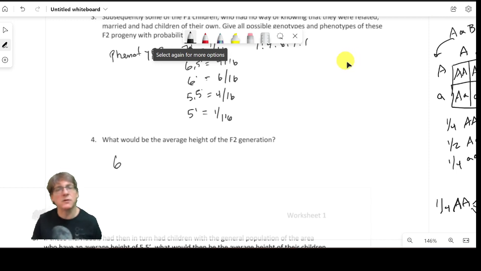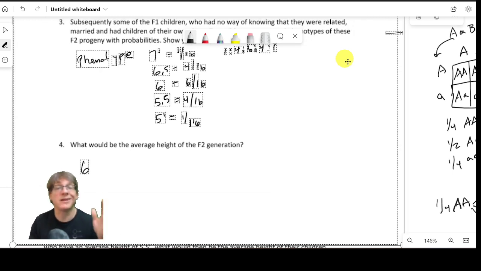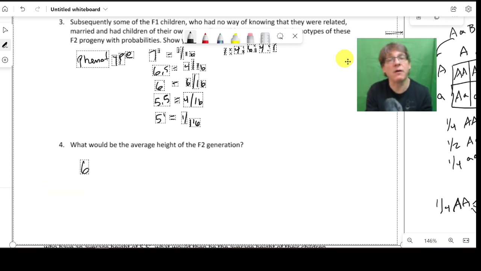And what he found is that when you take a quantitative trait and you start with a P generation, that is your 2 extremes, in your F1 the average is going to be in the middle of your 2 extremes. So in this case we have 7 feet and we have 5 feet, so the F1s, they were 6 feet, right in the middle. Then what he found was that when you go from the F1 to the F2 is that the mean stays the same.